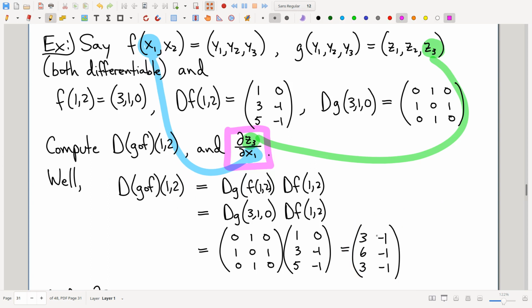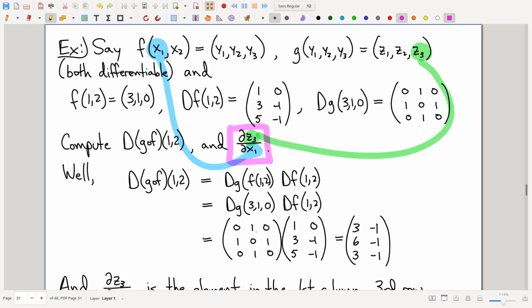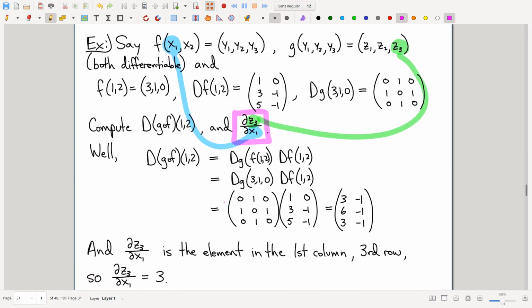Here's the big idea. Notice that we're taking the partial with respect to x1. x1 is the first input variable, so we look in the first column. Notice further, we are taking the partial of z3. That is the third output variable.